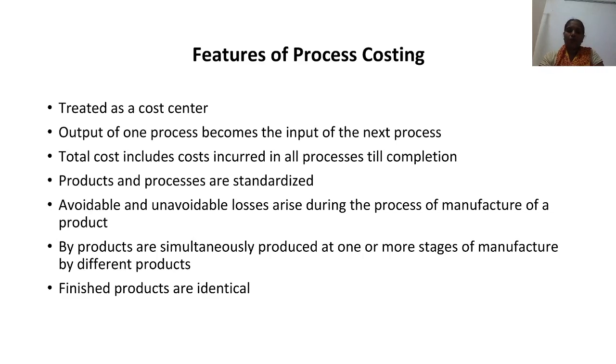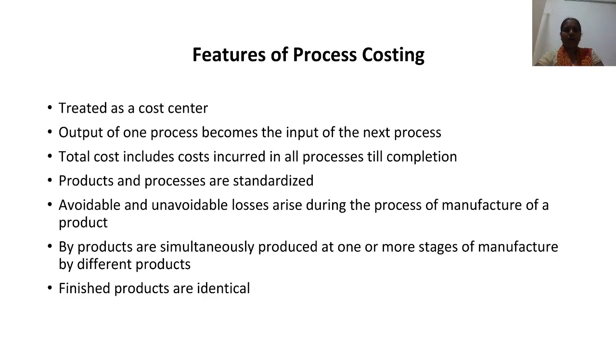Whereas in some products, we don't have any byproducts at all. They are simultaneously produced. We need not take any special effort to produce those byproducts. While manufacturing the main product, we get some additional products as byproducts.